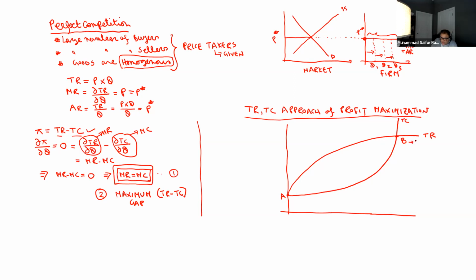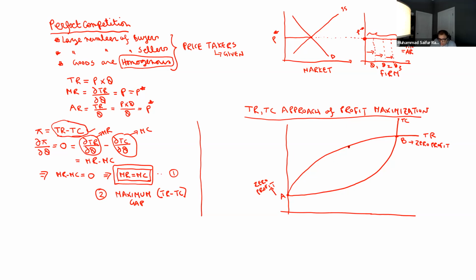Please be aware at these points, your profit is actually 0, which is a big problem because we do not want 0 profit. We actually want maximum profit. Profit in this approach is going to be maximized where the gap between total revenue and total cost is maximum.